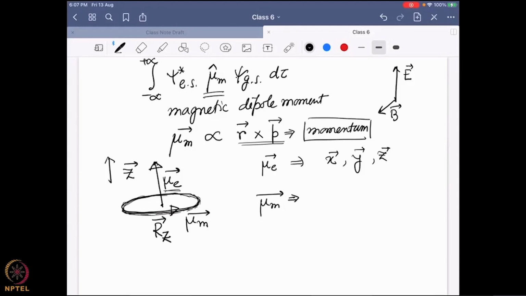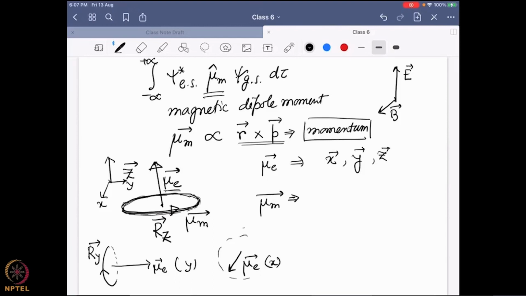Similarly, you can have a mu e, say this is the y side, this is the x direction. So it can have a direction you can say is y, and you can have a rotational motion in this direction, which you can say is Ry. Similarly, you can have a mu in the x direction, and you can create a magnetic field now in the plane of this board we are using.